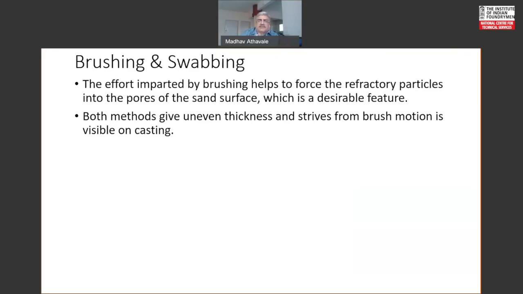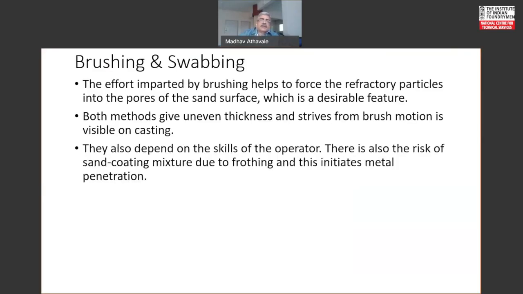Plus, strive or brush marks will be visible on the casting. Many of you who have made these large iron and steel castings would have seen this. Brush marks, they don't level off fully. They also depend on the skills of the operator. You need a skilled operator to get as smooth and even a surface as possible.